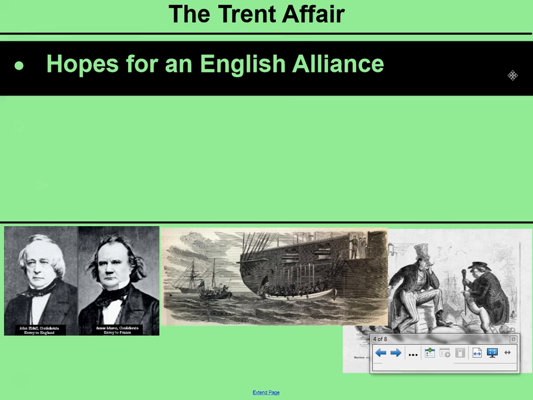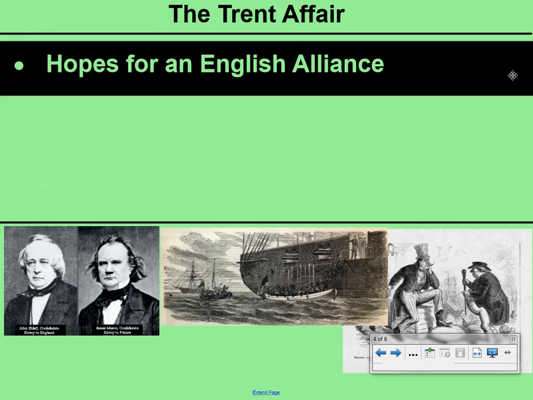So they really thought that cotton would be able to help secure them an alliance with France or England. They really were pushing their chips towards England because they did have a pretty good relationship with them, and England was buying a lot of the South's cotton. The problem was the English had seen a little bit of the writing on the wall, and they had started to find some other sources for cotton.